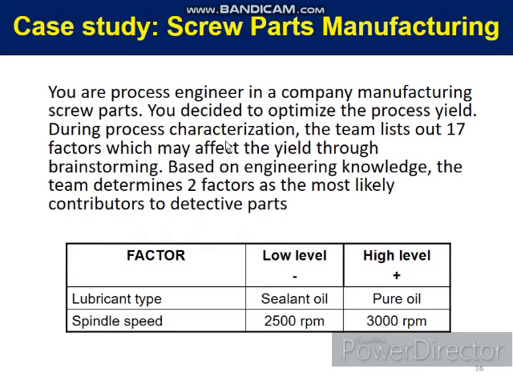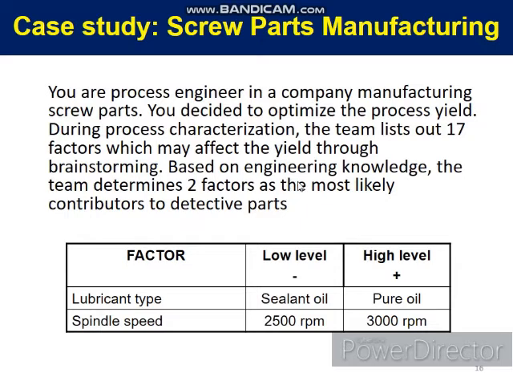During process characterization, the team lists out 17 factors which may affect the yield through brainstorming. So to improve, optimize, and maximize the yield, the team does a brainstorming session, and based on that session they came up with 17 factors which may affect the yield, right?